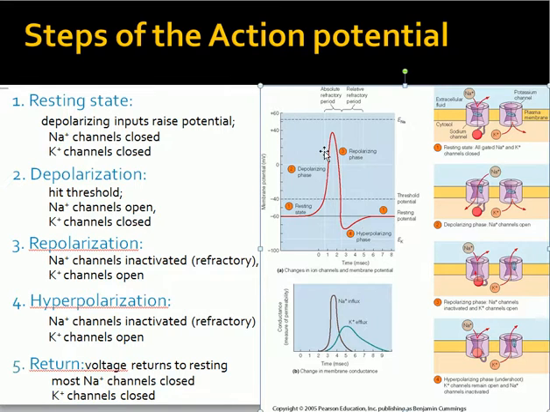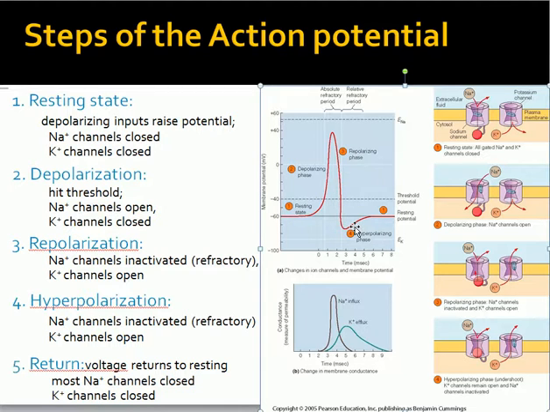So during that depolarizing phase, you hit that threshold, the sodium channels open, the potassium channels are still closed. During the repolarization, the sodium channels are refractory, that's our word for inactivated, and the potassium channels are opening.